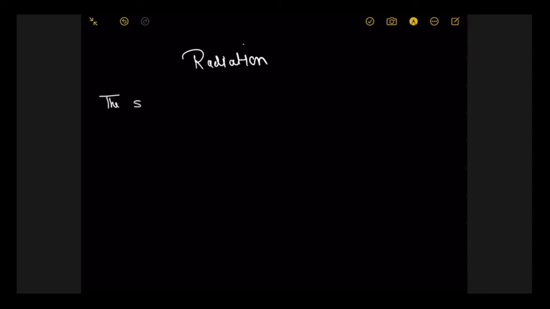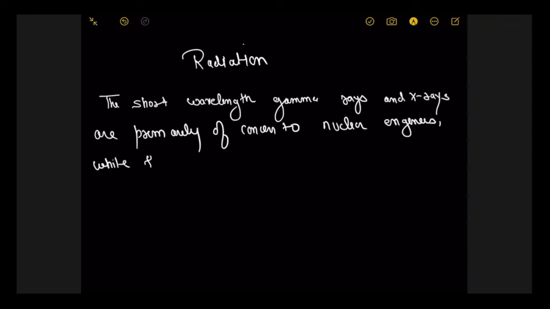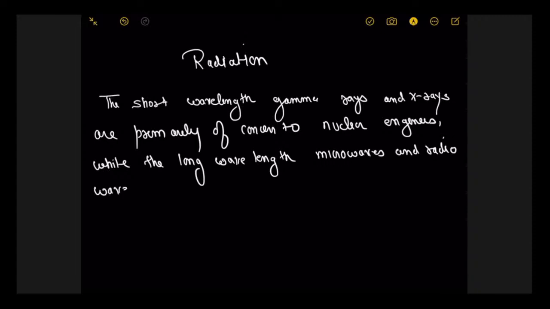So the short wavelength gamma rays and x-rays are primarily of concern to nuclear engineers, while the long wavelength microwaves and radio waves are of concern to electrical engineers.